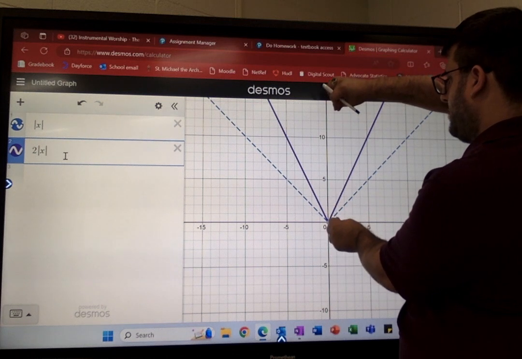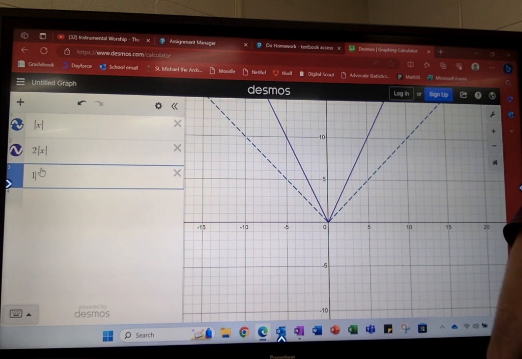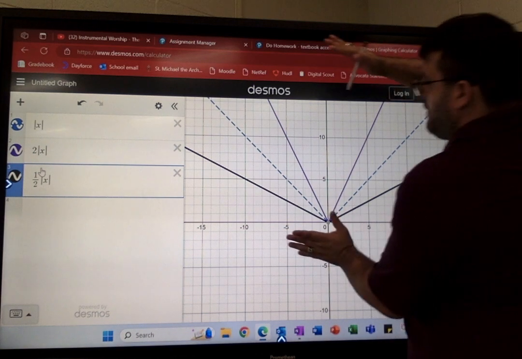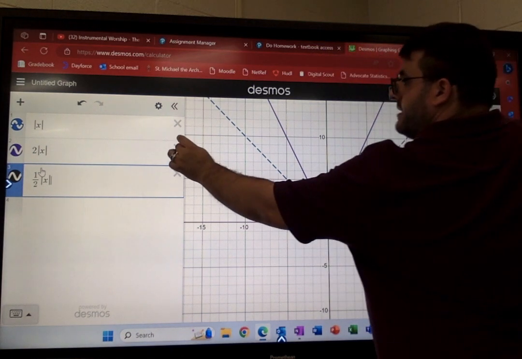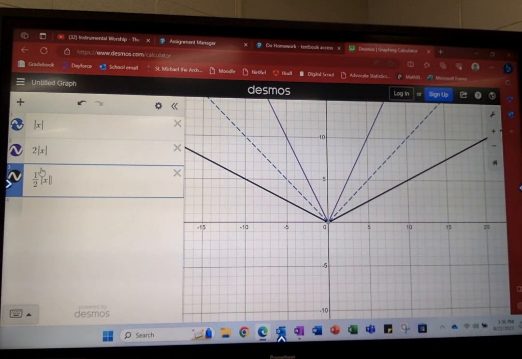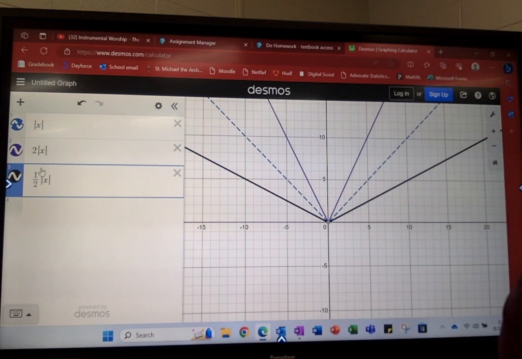So here it's going to be stretched vertically. Now let's see what happens when I do 1/2 times the absolute value of x. Now I feel like I'm taking that shape, and I'm going to erase this here, and now I'm smushing it towards the x-axis. I'm smushing it vertically, okay?